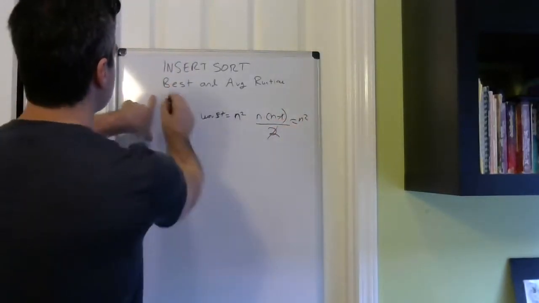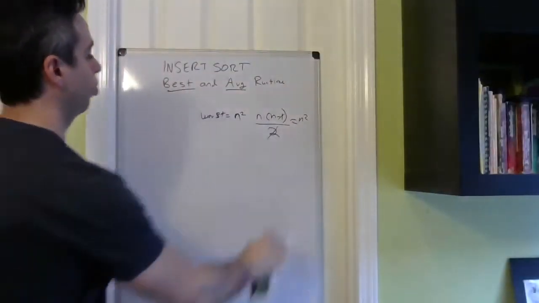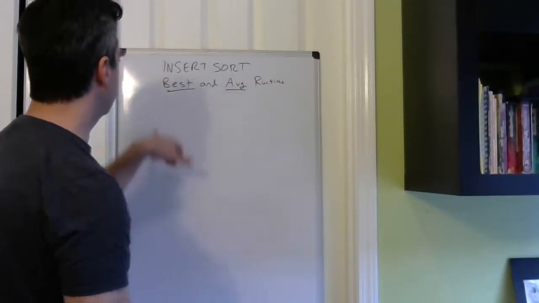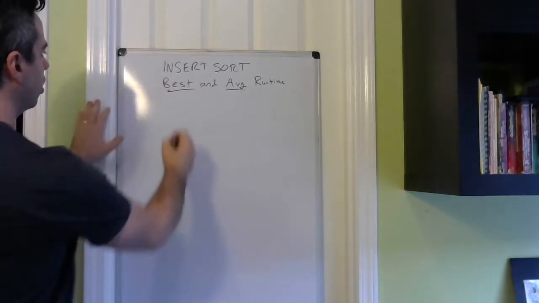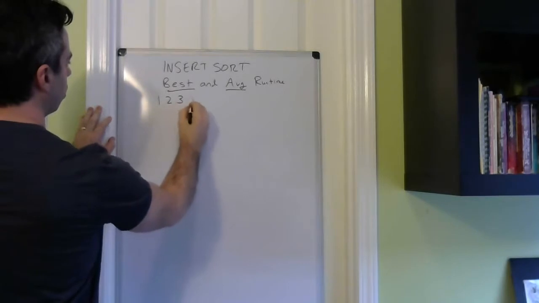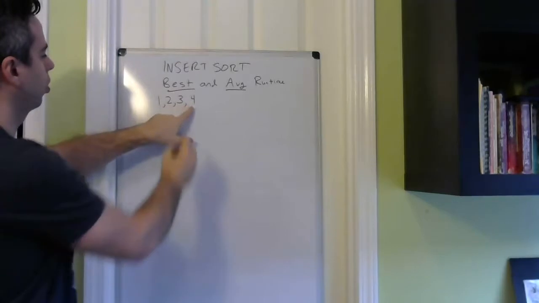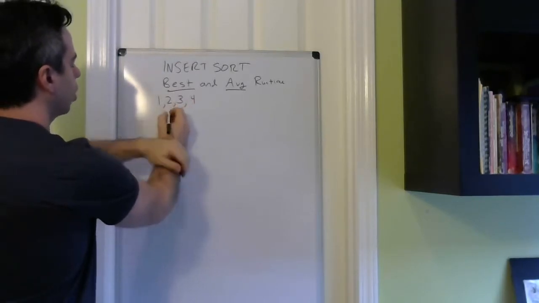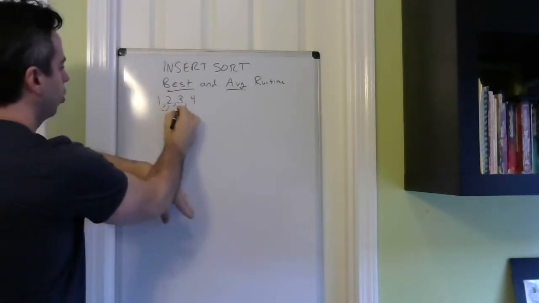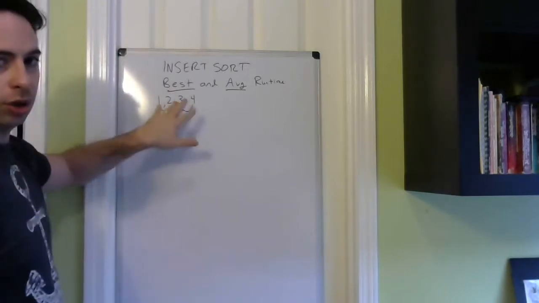Okay, let's get to the best and average runtimes, which I've felt were more fascinating and interesting than the worst case. So best case, you have 1, 2, 3, 4. 2, you compare it to 1, that's it, no extra work. 3, you compare it to 2, no extra work. 4, you compare it to 3, no extra work.